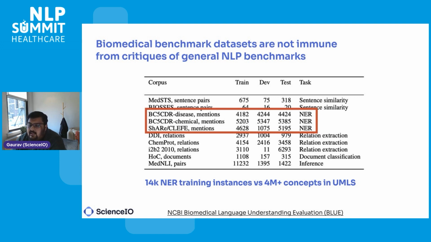However, if we look across the entire solution space of where NLP could be applied, let's say the Unified Medical Language System or UMLS ontology, that has over 4 million concepts, which is 2 orders of magnitude difference. So the question then is, are 14,000 instances enough to test model performance across a broad range of diseases and chemicals?